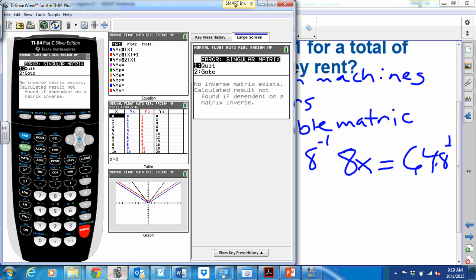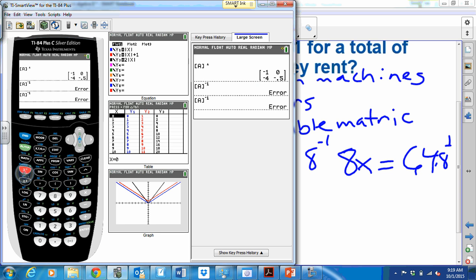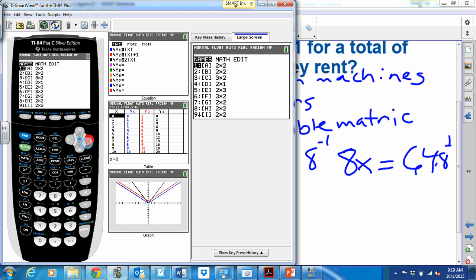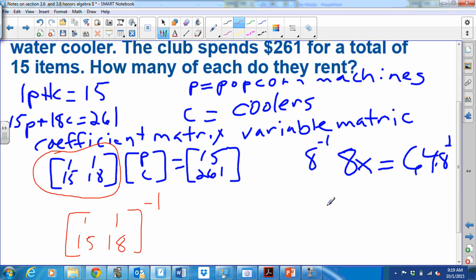So go into your calculator, and we're going to go ahead and put this in matrix A. So second matrix, we want to go into edit. Okay. We have a 2 by 2, and it was 1, 1, 15, 18.